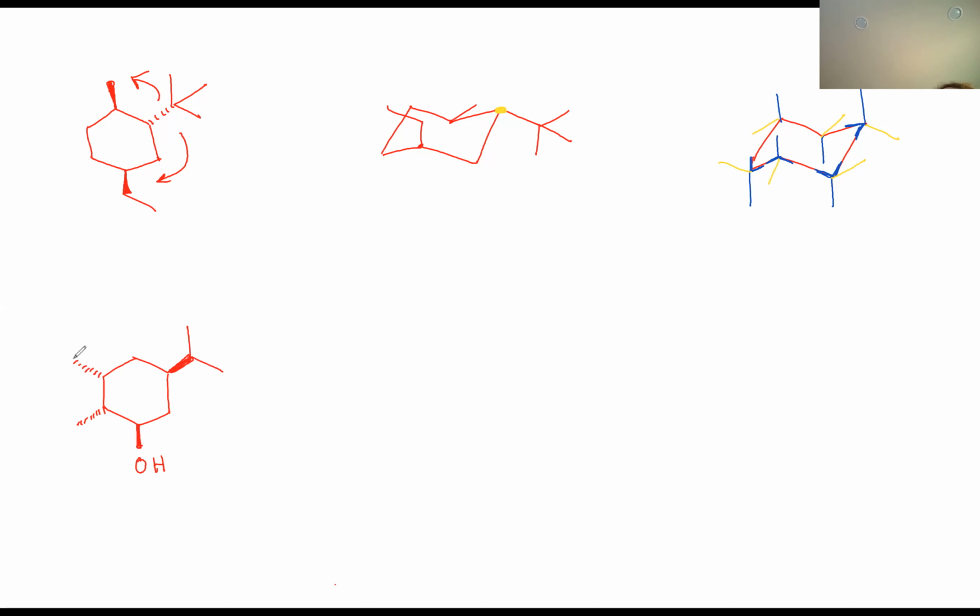Draw the most stable form and then also draw the least stable form.